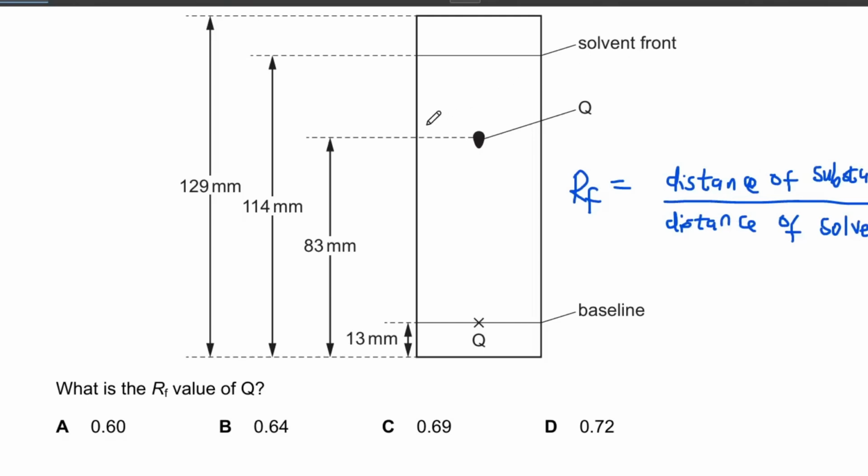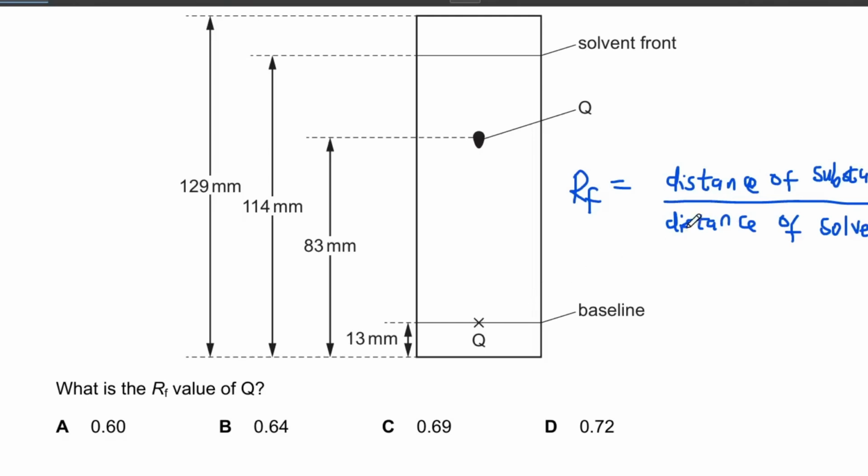Now you need to be careful not to jump in and answer this question because you are likely to make a mistake. Students will likely use 83 divided by 144 as the distance of substance and distance of solvent. So you need to check here. If you check here, we have the baseline. So the distance traveled by the solvent is from the baseline. Take note of that. And also the distance traveled by the substance is from the baseline.